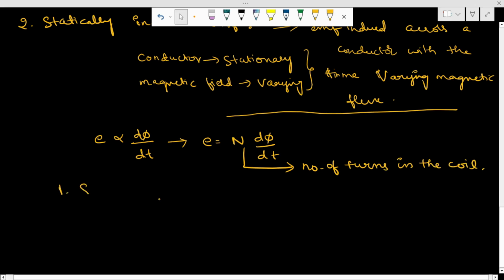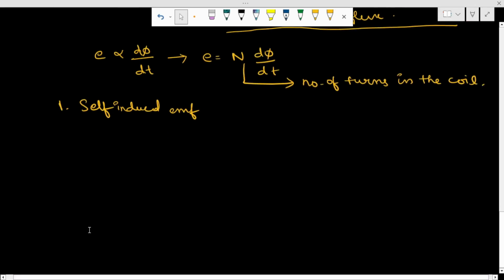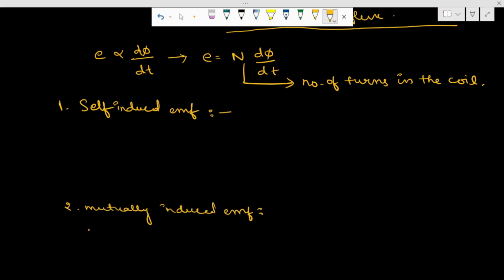First one is self-induced EMF, and the second one is mutually induced EMF. The best example for the self-induced EMF is the inductor, and the best example for the mutually induced EMF is the transformer.